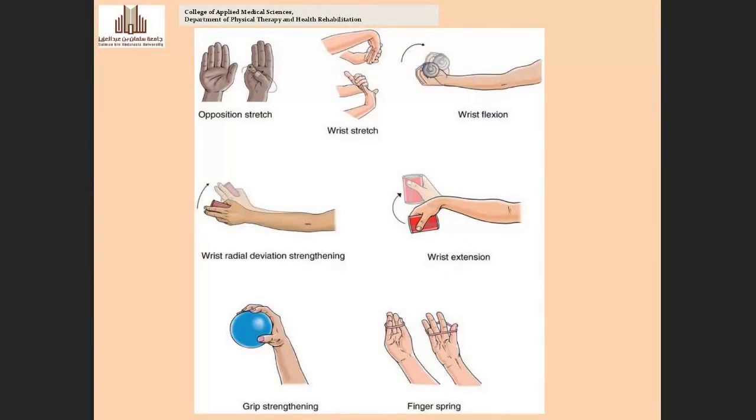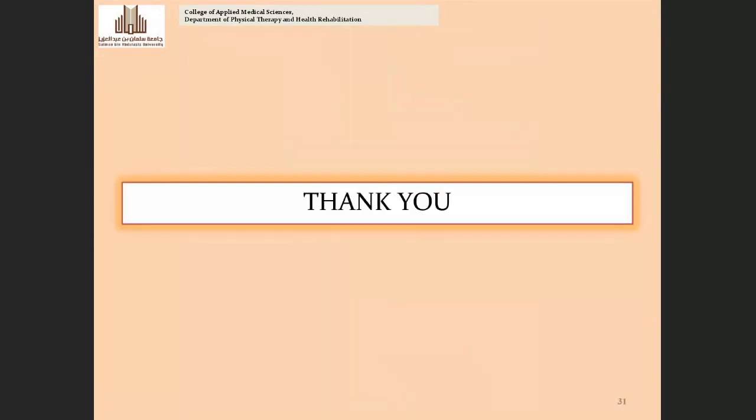You can ask the patient to do opposition movements, wrist flexion and extension movements, squeezing a ball and finger movements. You can give pamphlets regarding these exercises, so it will be more effective for the patients.